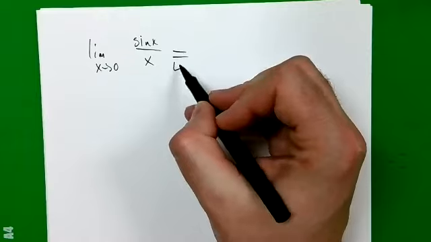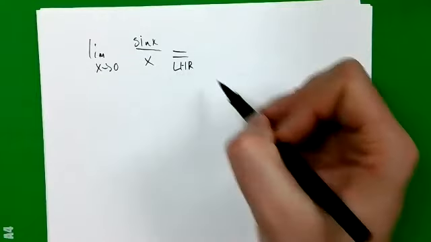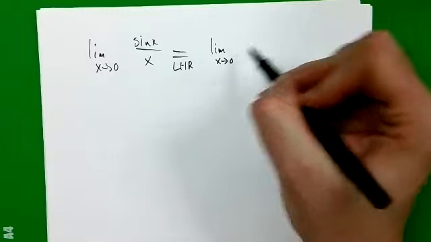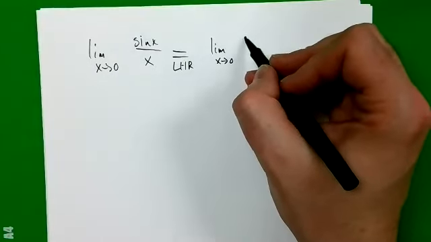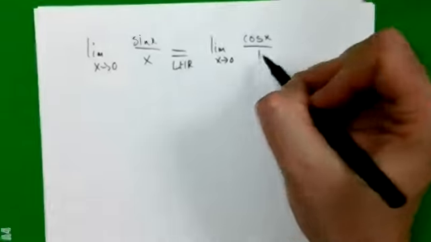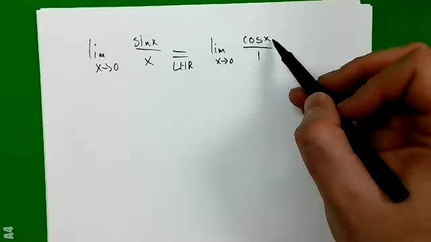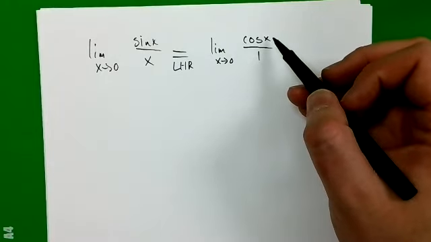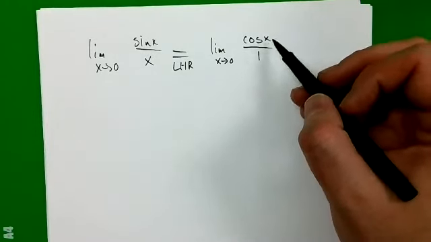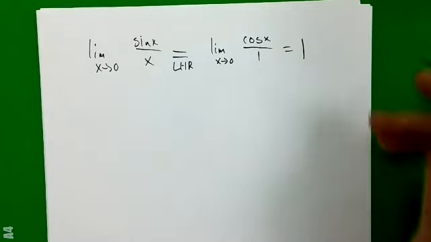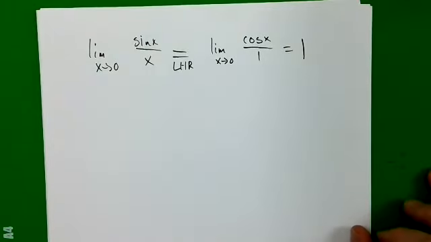So we can use L'Hopital's rule and say this is equal to the limit as x approaches 0 of cosine x over 1. Well, that's really easy because now it's not indeterminate at all. As x goes to 0, cosine will go to 1, and this is just 1 over 1, which is the promised 1. That's way easier than the sandwich theorem argument we made back in the day.